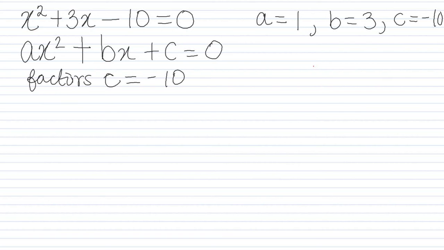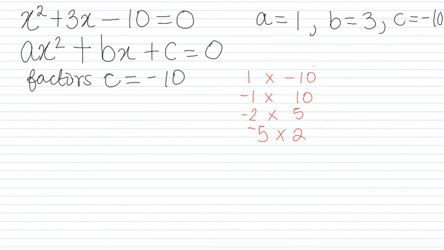When you break that down, we can write the factors of -10 to be 1 times -10, -1 times 10, -2 times 5, and -5 times 2. So the factors of -10 are all of this information.